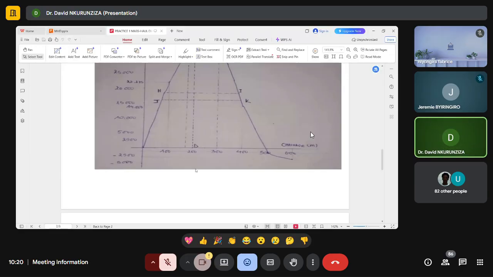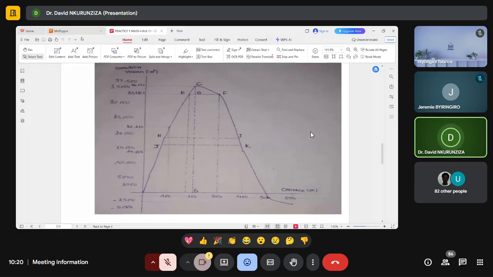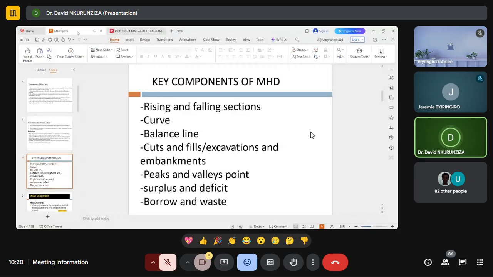Then let's come back. Is what you call the borrow and the waste. What is borrow and the waste? We talk of a borrow when you have a negative value, when you have, of course, a deficit. And you talk of waste when you have a positive value.